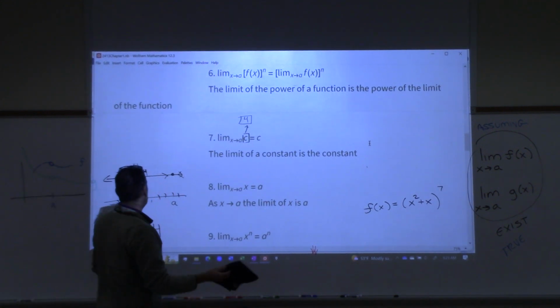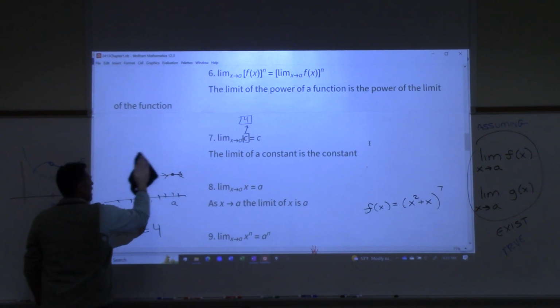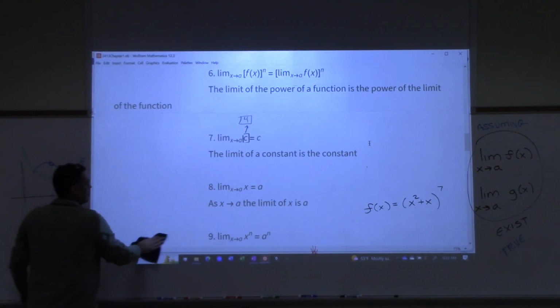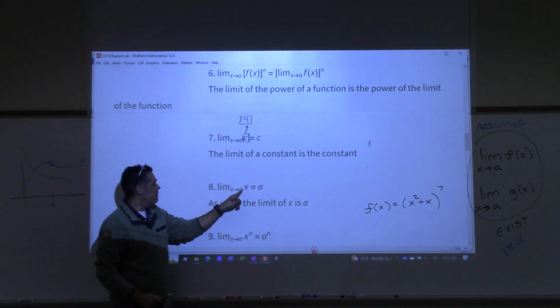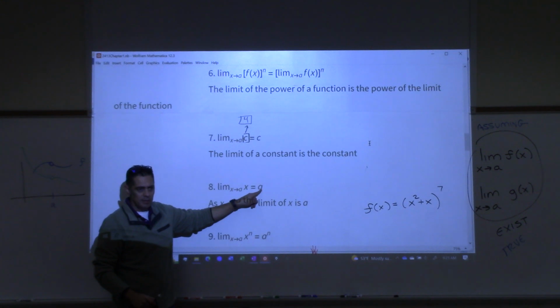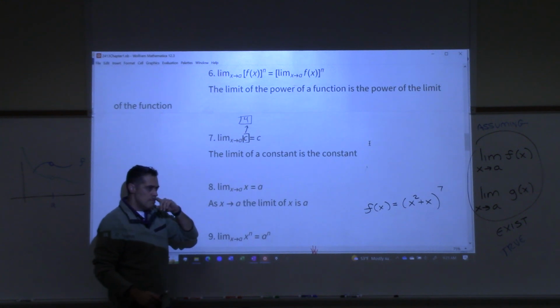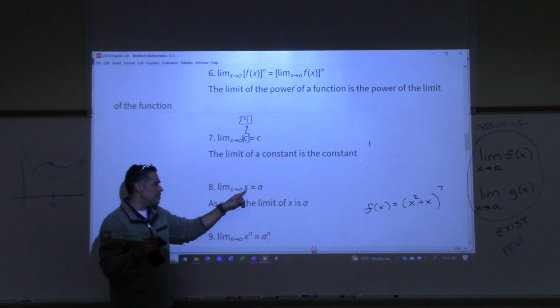All right, this next one says that the limit as x approaches a of x itself is a. So think of it this way. This is x, right? And what I want to know is what happens if I let x go to a.